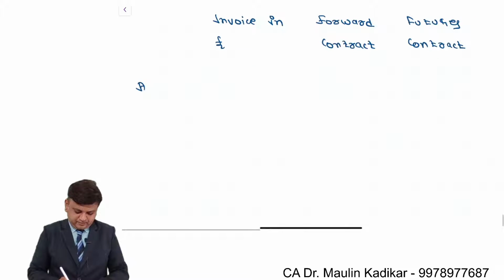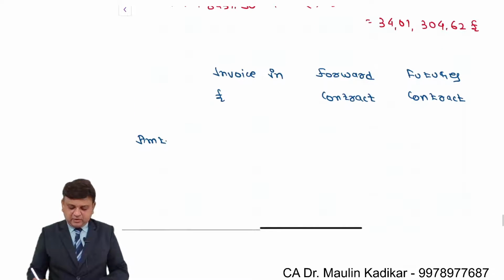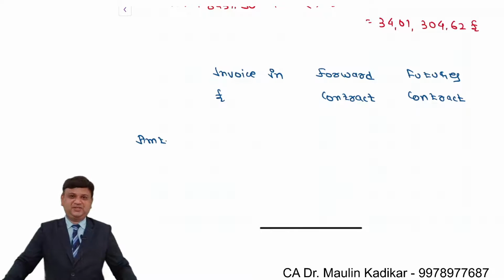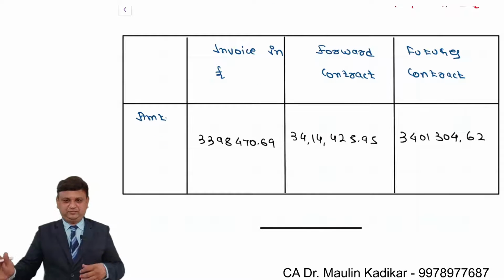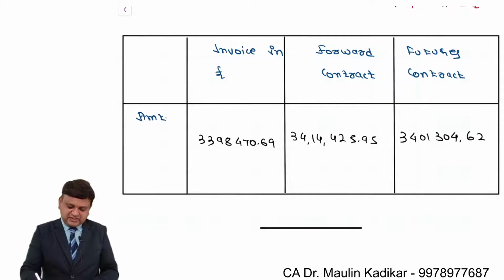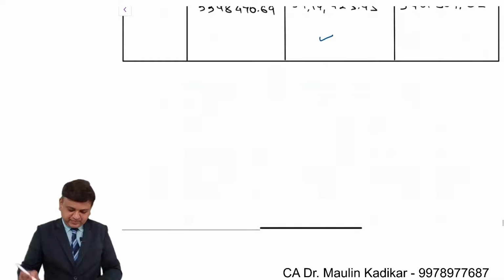Okay. Amount in pound currency is comparable, and based on that we will take the decision. So making a comparison of this three, we suggest the company to enter into the forward contract. So write an answer.